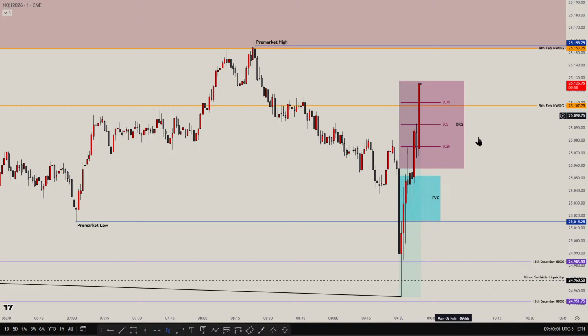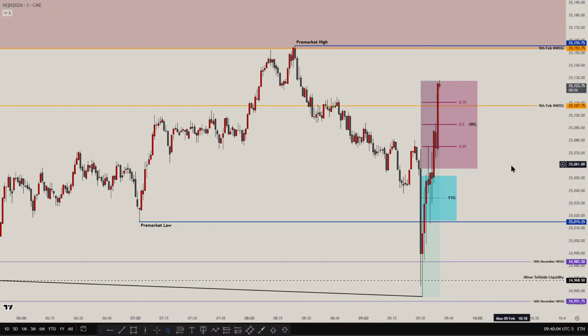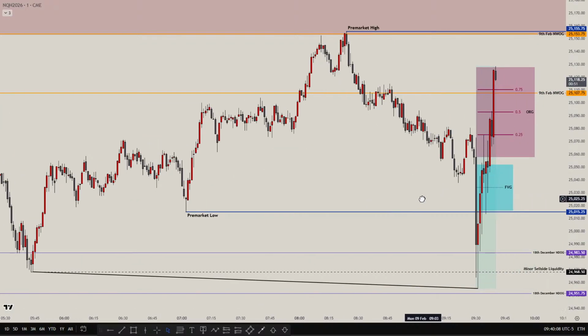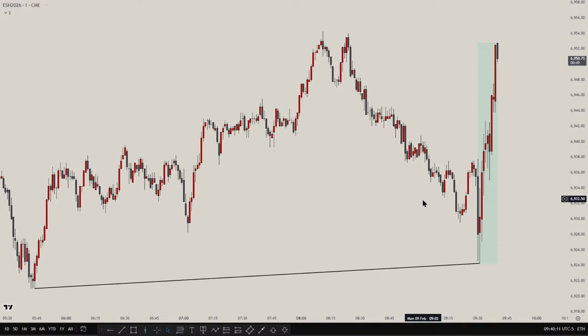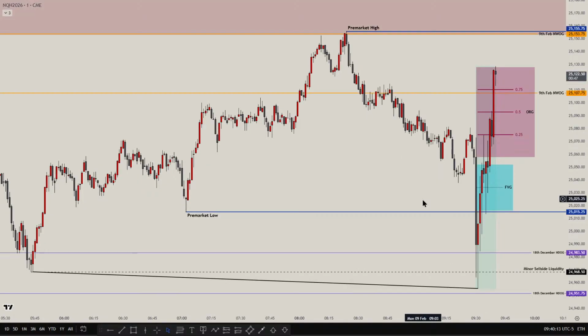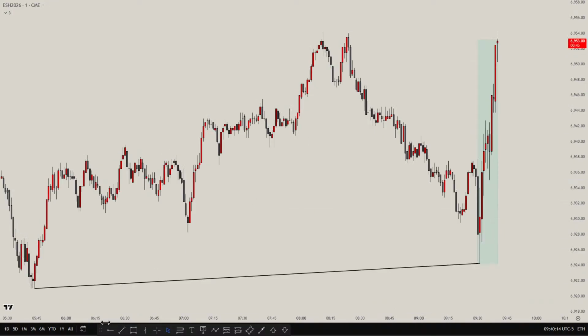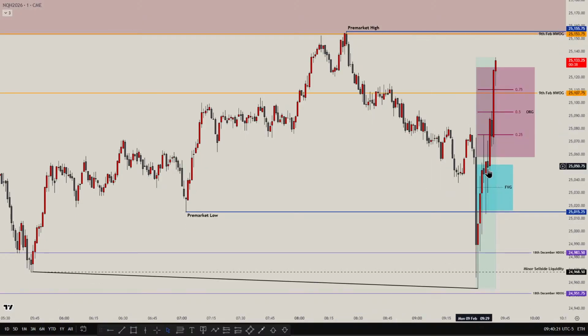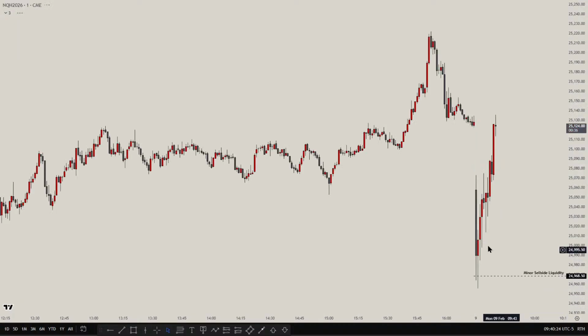That's a really nice displacement. Smooth highs on ES. Not so smooth on the Nasdaq, but it is still in play.